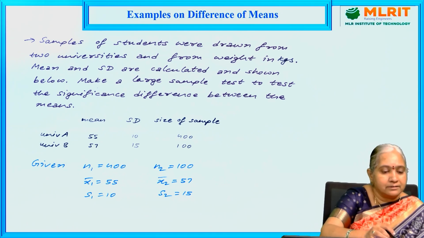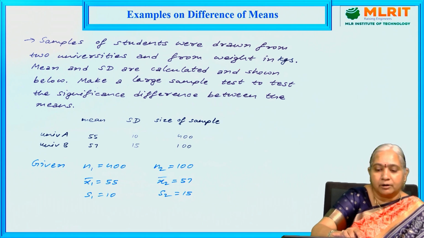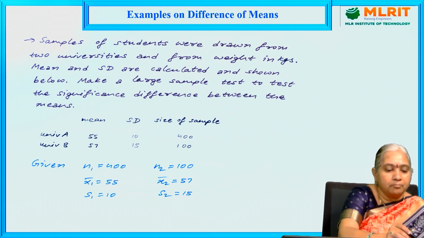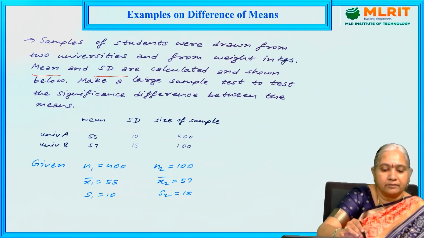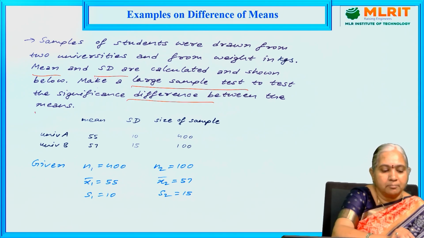See the next example. Samples of students were drawn from two universities, and weights in kgs, mean and standard deviation are calculated and shown below. Make a large sample test to test the significance of the difference between the means.